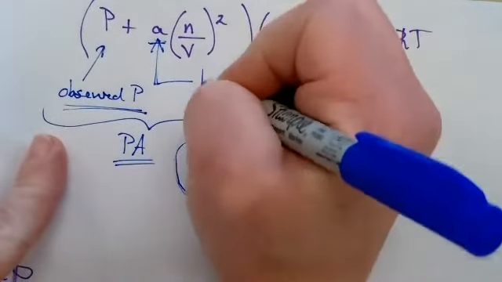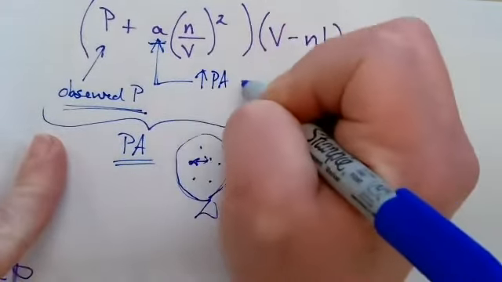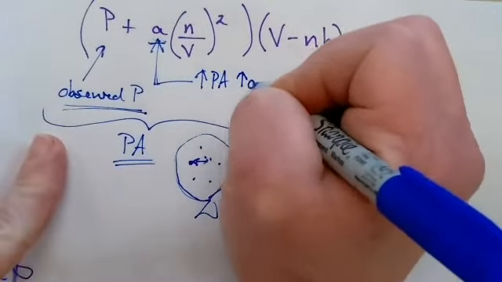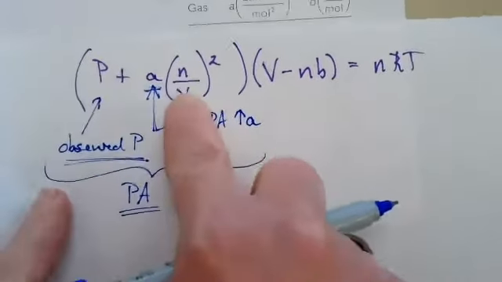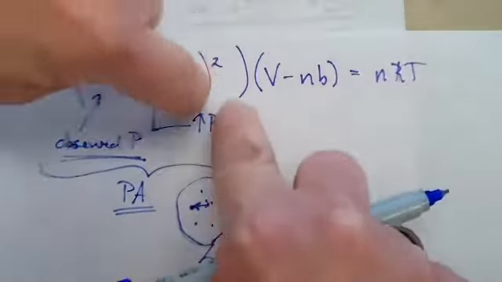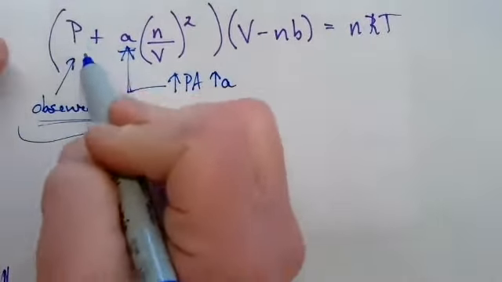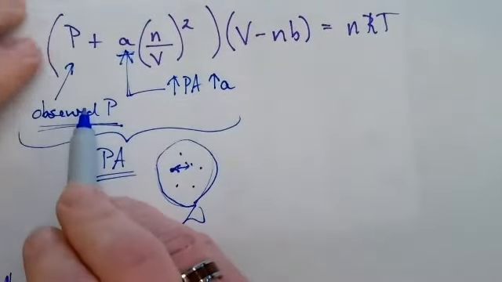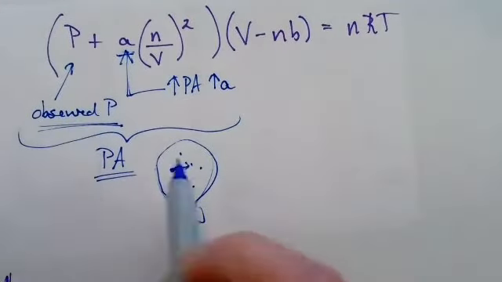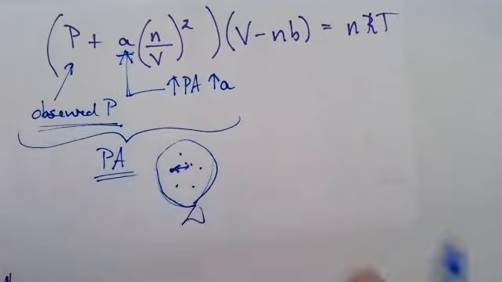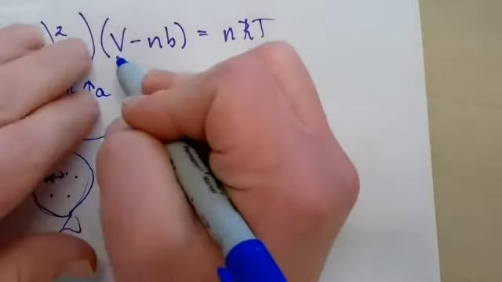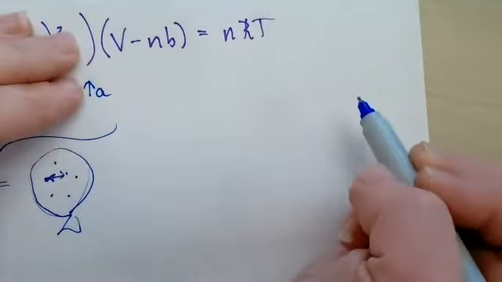So the greater the particle attraction, the greater the value of a, which then will add a greater value to the observed pressure. So we make this correction to pressure because what we measure is actually lower because of particle attraction. All right. Well, why the correction to volume?